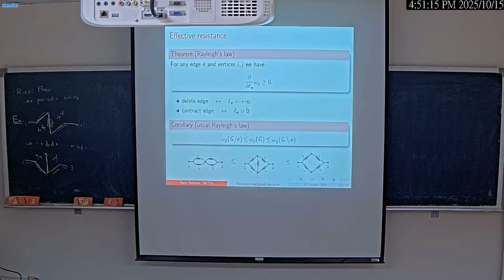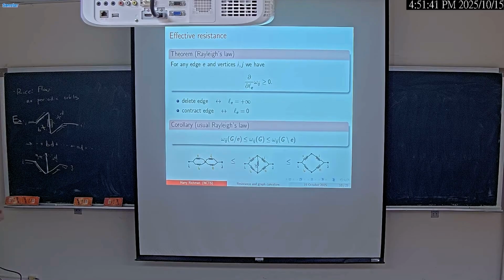But you can think of this as taking a limit where you have that resistance go to infinity. Increasing the resistance to infinity is the same as cutting the wire completely, so no electricity can flow through the edge. We can think of this as one extreme case of Rayleigh's law. The effective resistance has to increase when we delete any edge.